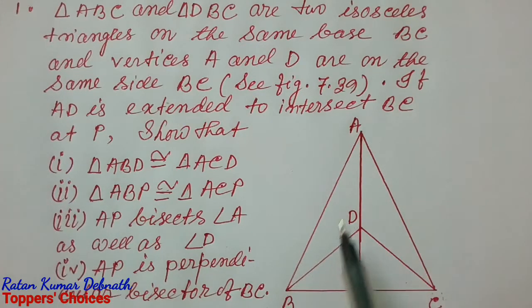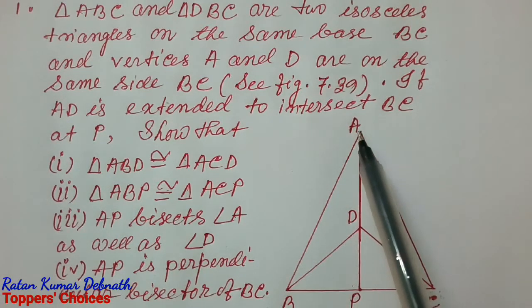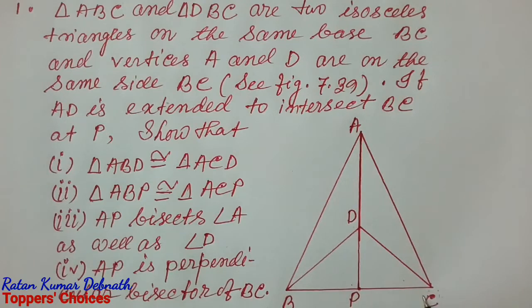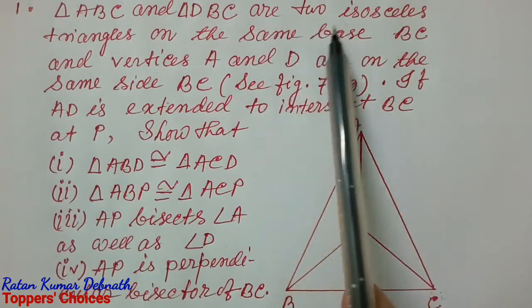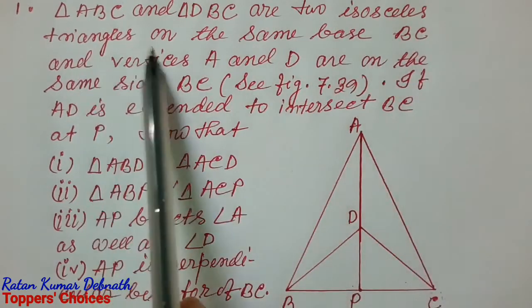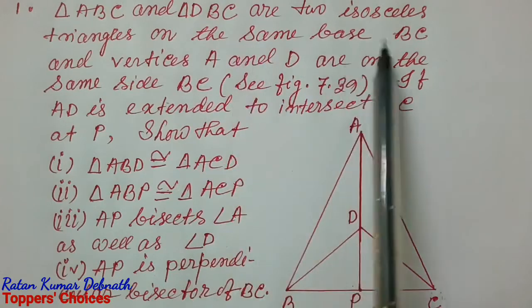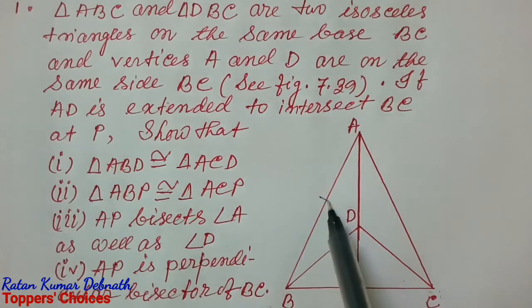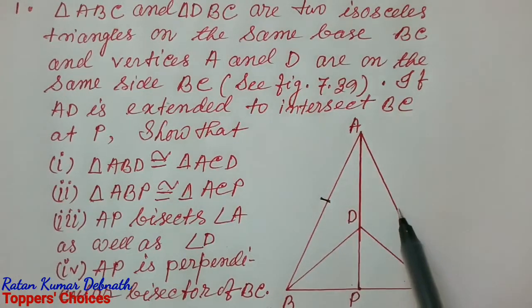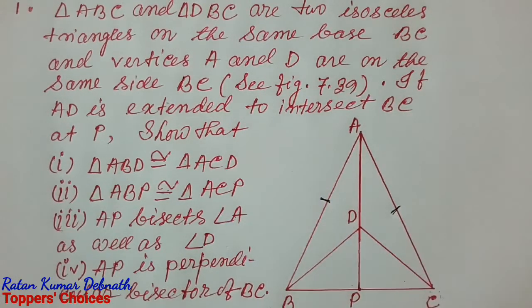What is given here? Triangle ABC and triangle DBC are two isosceles triangles on the same base BC. That is, for the triangle ABC, we have BC as the base, and therefore we can say this side equals this side.